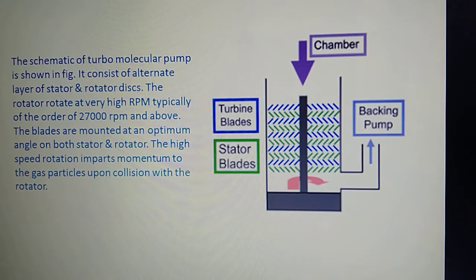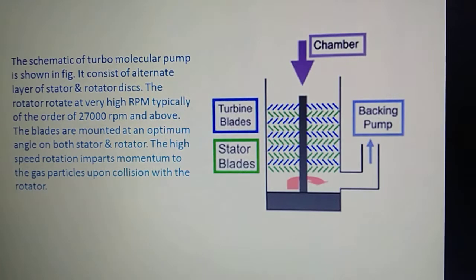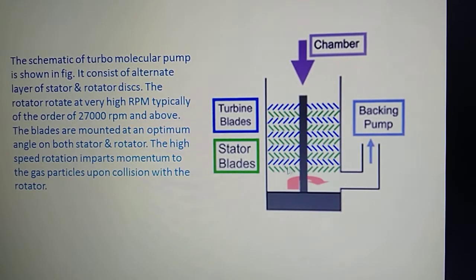So this turbomolecular pump diagram consists of alternate layers of stator and rotator disc. Now you can see in the figure this green colored blades are stator blades and this blue one are rotor or rotator blades, or it is also called as the turbine blades or disc, right?